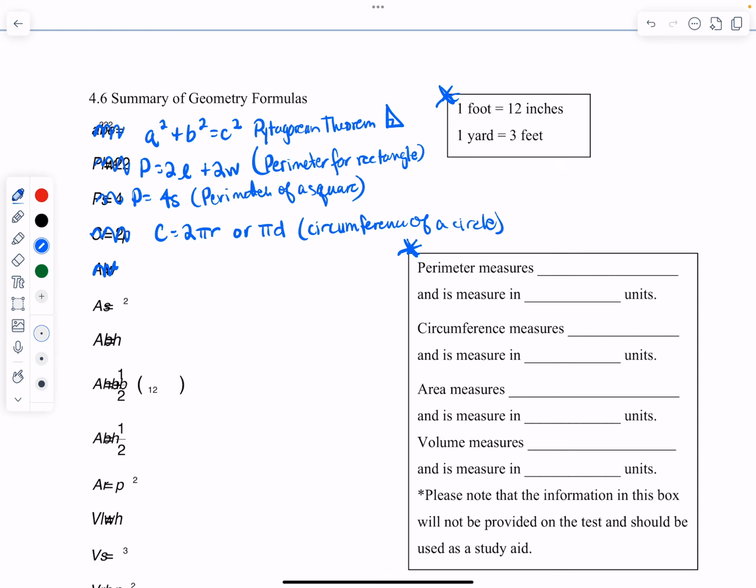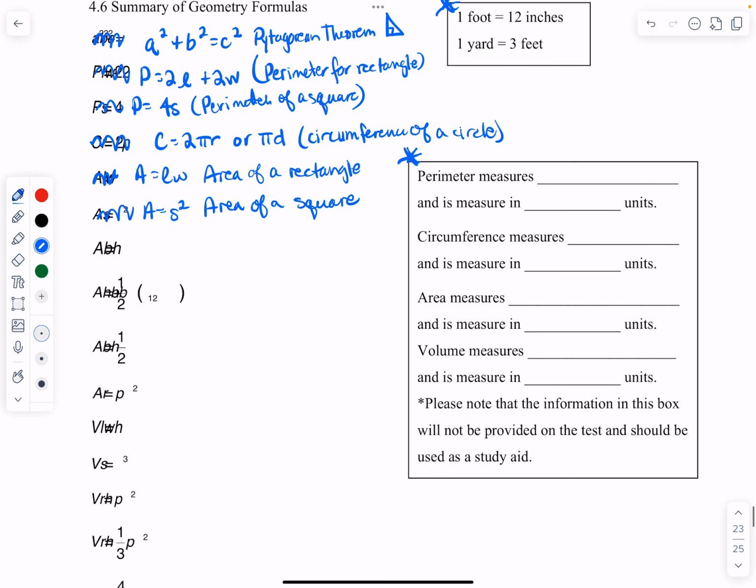This next one says area equals length times width. That is an area of a rectangle. Area equals side squared. That's a shortcut for finding the area of a square. And by the way, remember you can use length times width for a square.